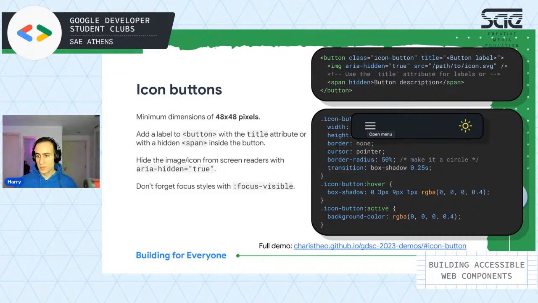And of course, don't forget that these icon buttons, along with many other elements that you might create, won't show that they are focused, won't have an outline around them to show that they are actually focused right now.